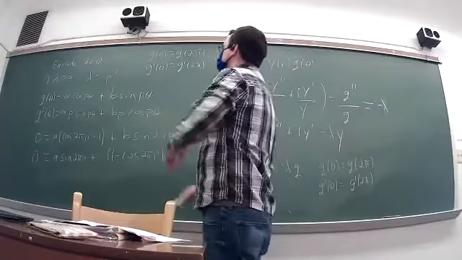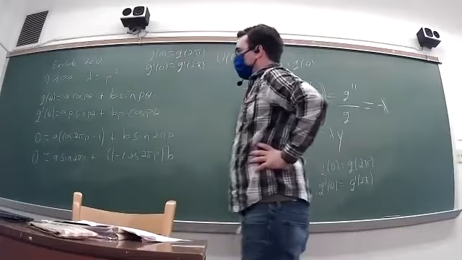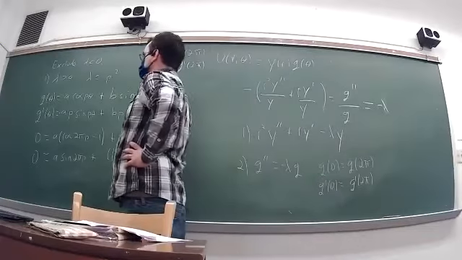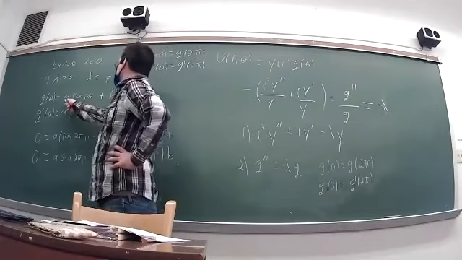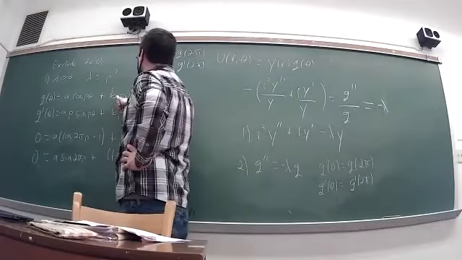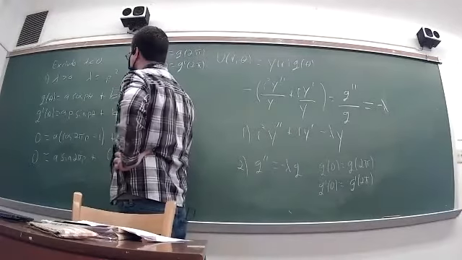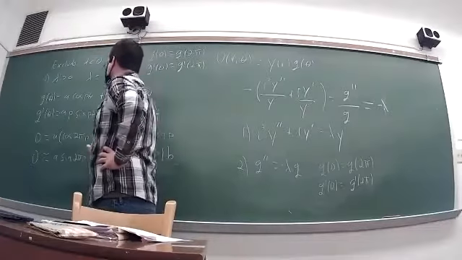So where's that coming from? 0 equals g of 0 minus g of 2 pi. G of 0 is a plus 0. So that's where this factor of a is coming from.